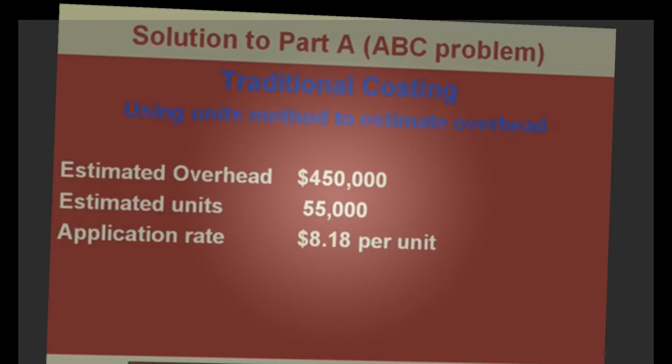Okay, with part A. Traditional costing using units method to estimate overhead. The estimated overhead is 450,000. The estimated units are 55,000. So the application rate is $8.18 per unit.